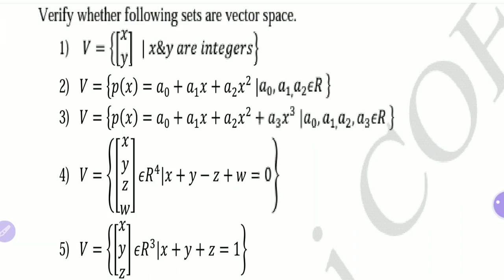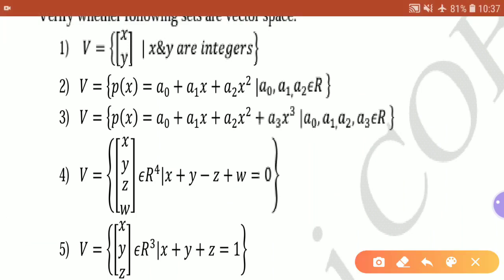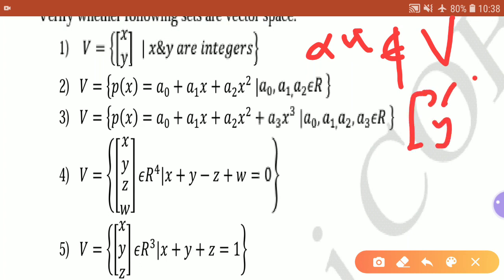So it will satisfy all the 5 properties of addition, but it will not satisfy scalar multiplication, because alpha times u, where u is some member, does not belong to V. As alpha is a real number, like 1/2, if we multiply 1/2 by any member (x, y) where x and y are integers, we get (x/2, y/2), which may not be integers in every case. Because of that, the first cannot be a vector space.